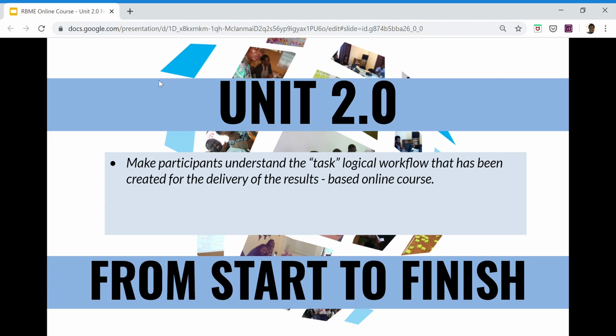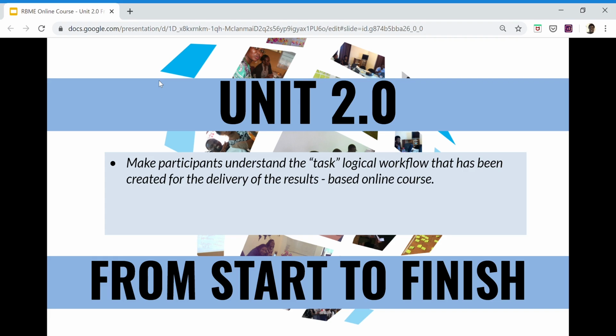So this is Unit 2, and we will be discussing what we have been doing from week 1 till week 5 in terms of the tasks that have been assigned that you've worked on. This is trying to put all this bunch of information into clear perspective, and also to make you realize why you have been doing those tasks.